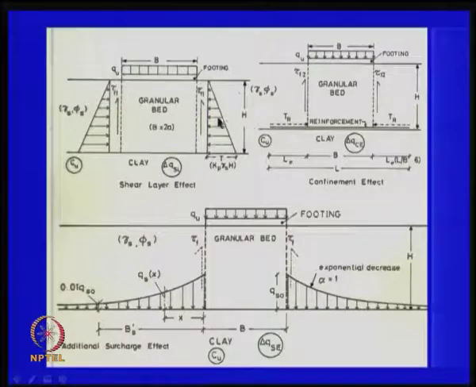Instead of Ka, half Ka gamma H square is what we do in conventional calculations. Here it is passive pressure, because it provides resistance here. So, we have to calculate Kp, use Kp here. So, half Kp gamma H square will be the pressure on both sides, okay. So, that is one important thing.